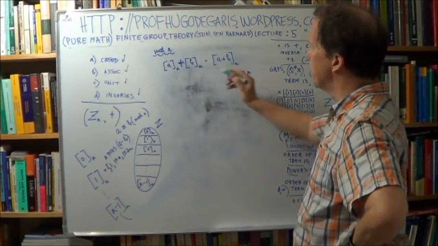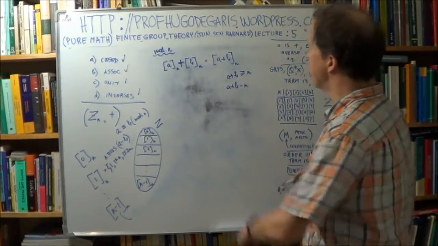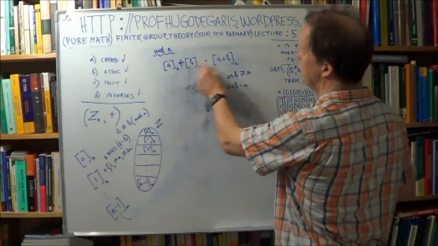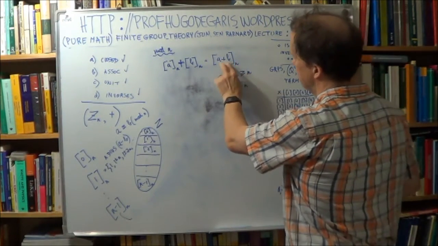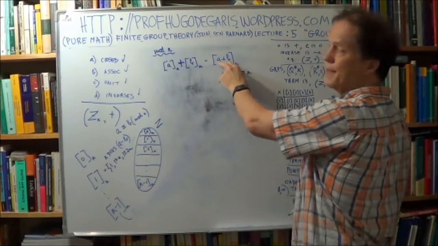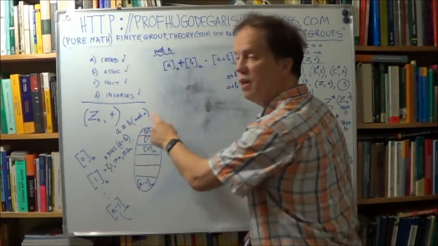Why do you do that? Because we're talking about congruent numbers. If you add your a and b and it goes over n, well, if you subtract an n from this sum, it doesn't change anything because you're talking about congruent numbers.